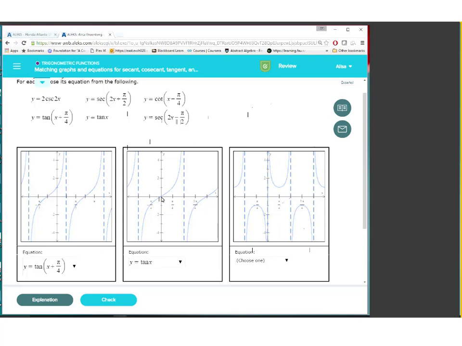So now the last thing we have to look at is the amplitude. If the amplitude is 2, then it's 2 cosecant 2x. Is the amplitude 2? It's not 2, it's 1.